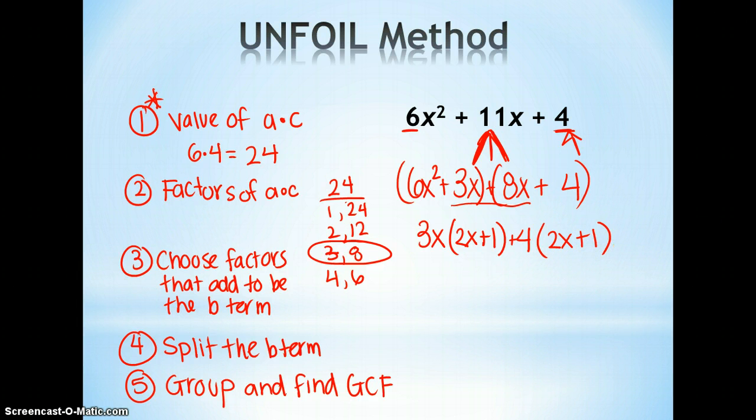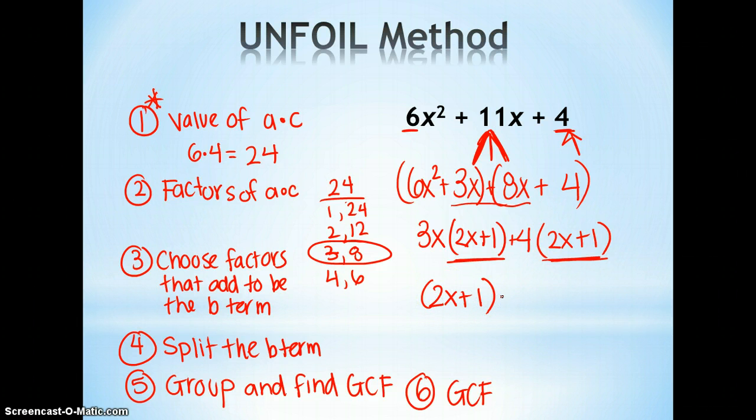If you're thinking about what it means to have a greatest common factor, it means you can divide both pieces by the same number. Notice we have 2x plus 1 repeated, so step 6 is take the GCF one more time. 2x plus 1 is the GCF.